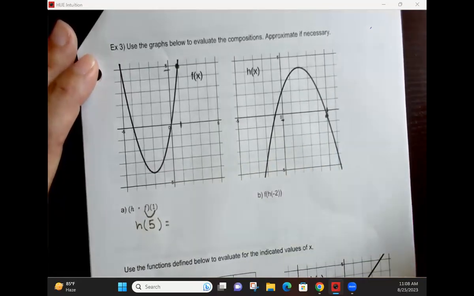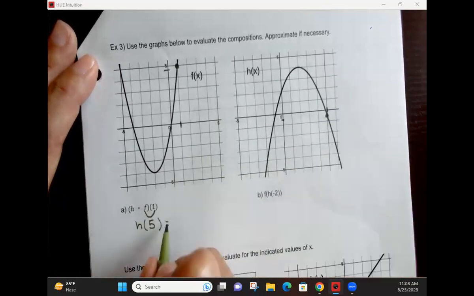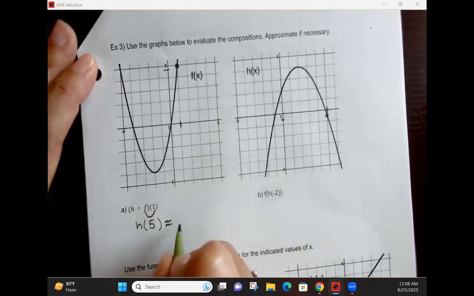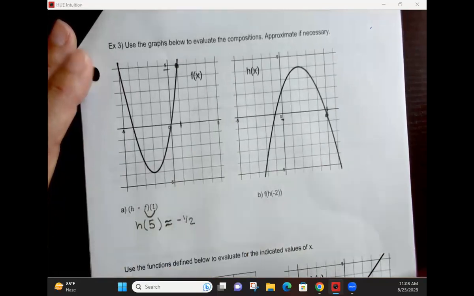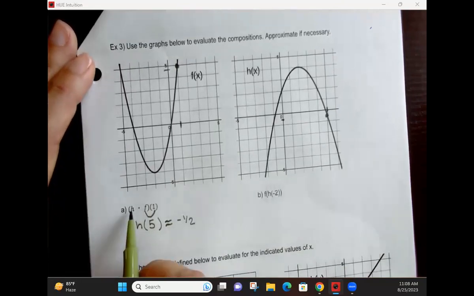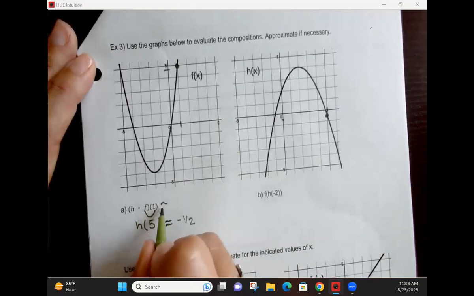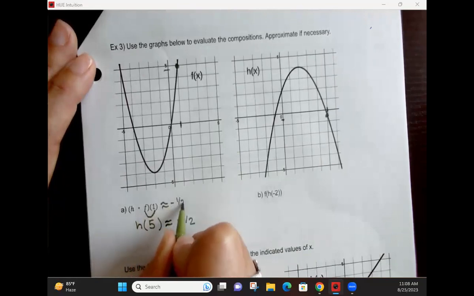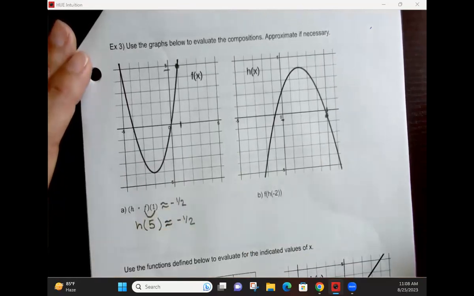This isn't at a super nice point. What's this look like to you? About negative 0.5, yeah, negative a half. About negative a half looks like to me. So h of f of 1 is about negative 1/2 or 0.5 if you'd rather.